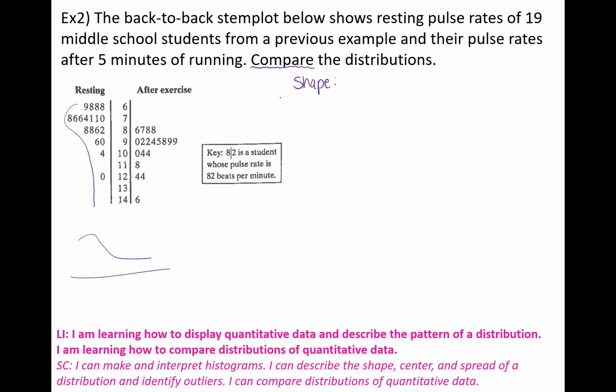And the other graph also is skewed right, again going towards the bigger numbers. So they both have a skewed right shape. So I'm going to say that both distributions are skewed right.